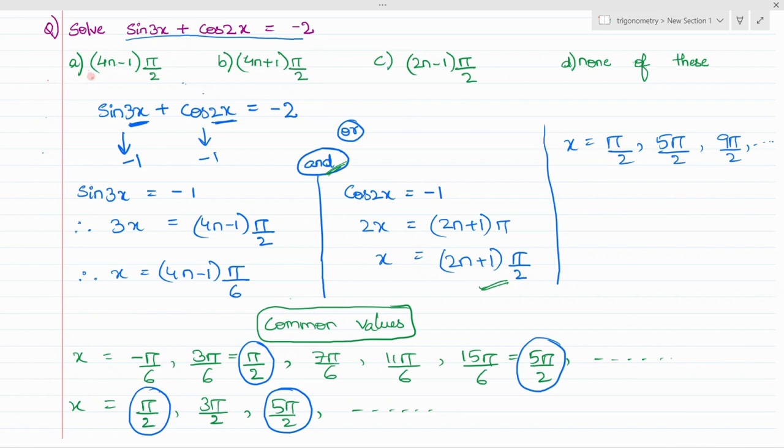Here start taking the values of n. If n is 0, the values of x will be minus pi by 2, which is not the case over here, so this option is wrong. Next, for option B, the values of x will be pi by 2 if n is 0. If n is 1, it is pi by 2. If n is 2, it is 9 pi by 2. So option B is the required answer to this question.